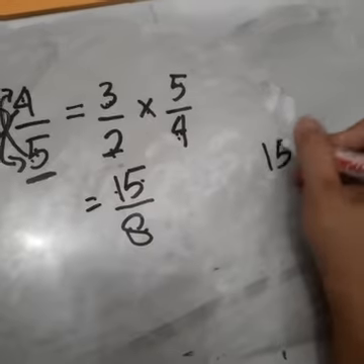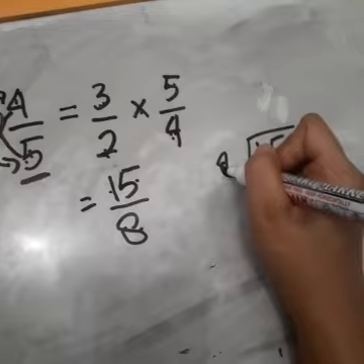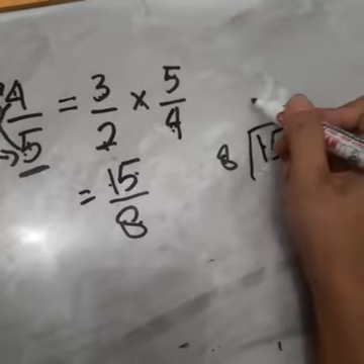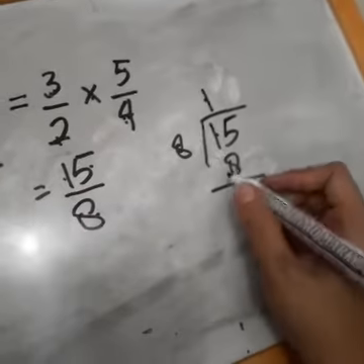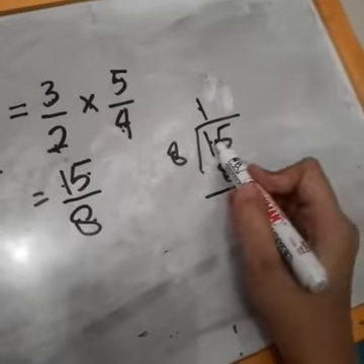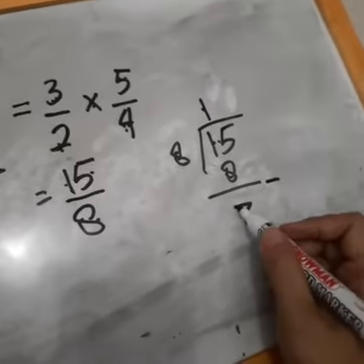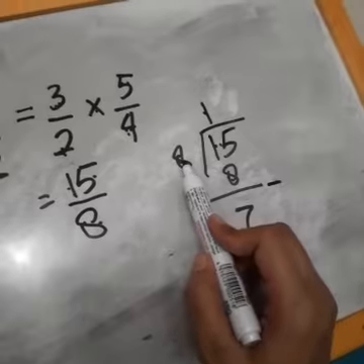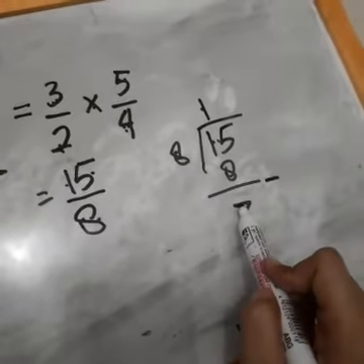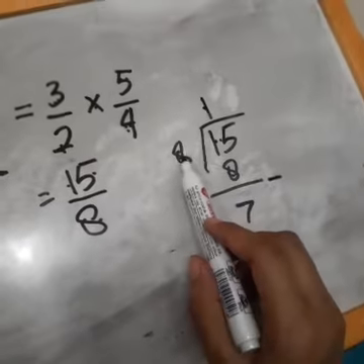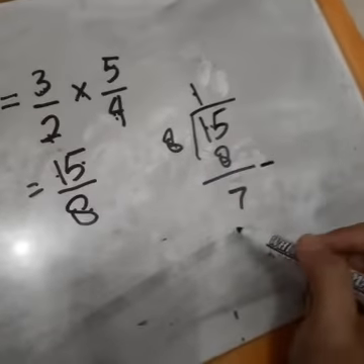To change into a mixed fraction, 15 divided by 8 is 1. 1 times 8 is 8. 15 minus 8 is 7. 7 divided by 8 is a decimal number. 7 is smaller than 8. So we stop here.